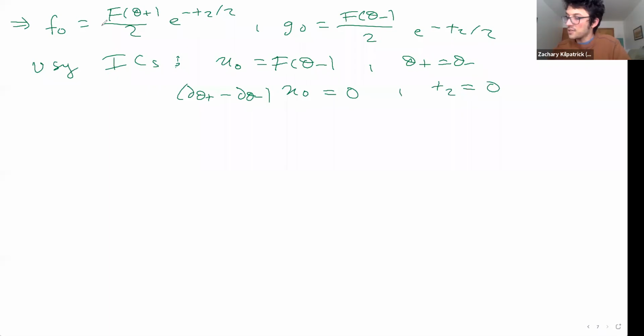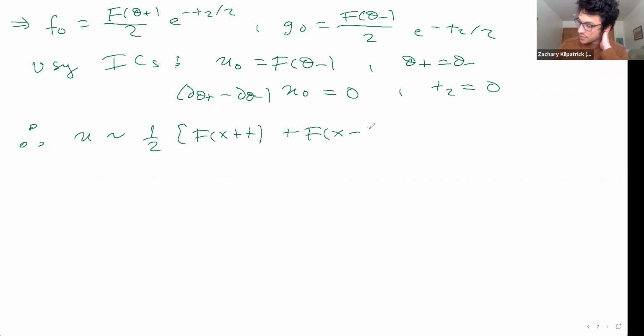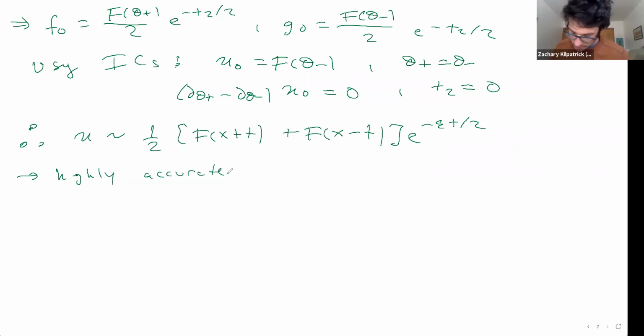This gives us our initial condition that gives us our constant out front, except it's not a constant, it's a function of the characteristics here. So therefore, u is approximated by a half of F of x plus t plus F of x minus t, times e to the minus epsilon t over 2. Interestingly, this is actually highly accurate. In fact, it's exact.